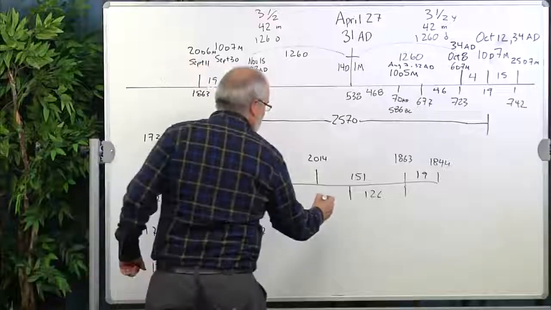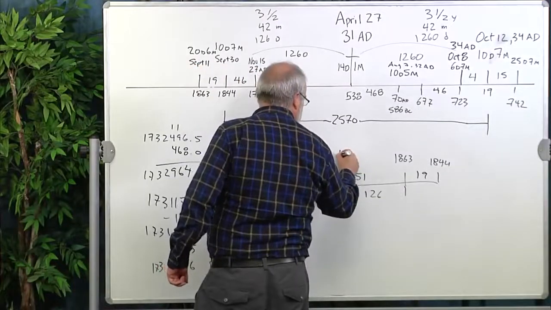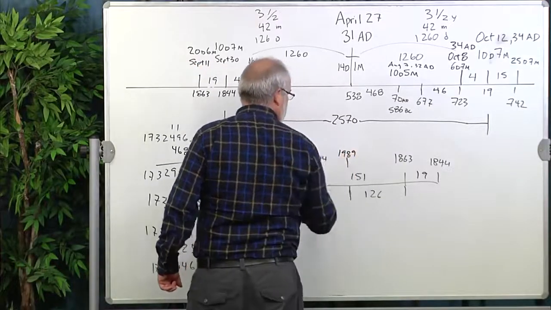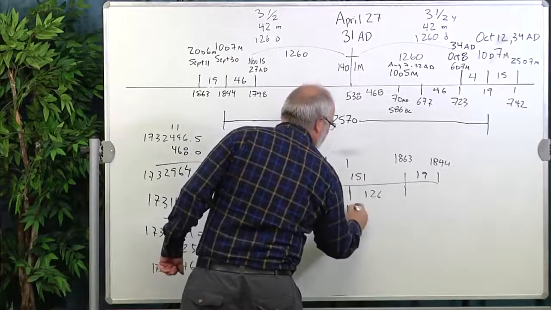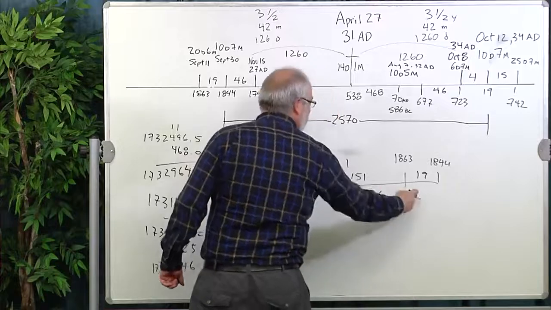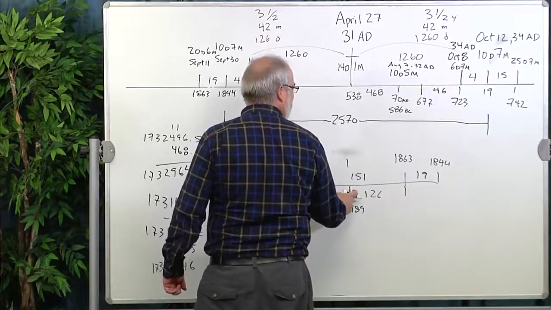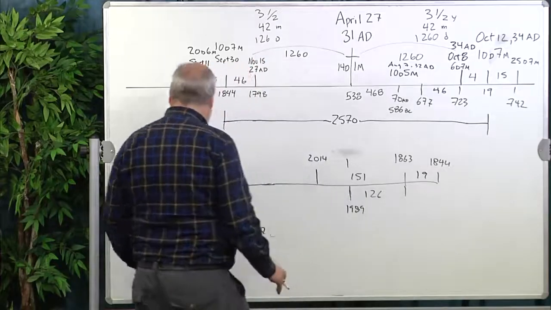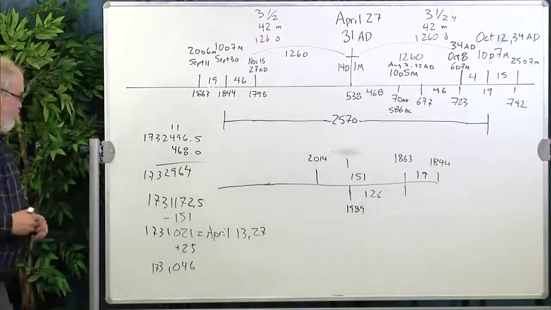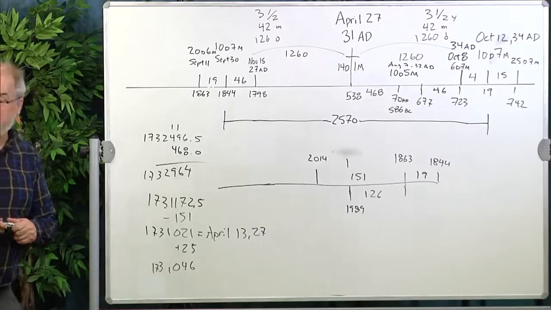So the Julian day number for 1989. I guess I better do it this way. 1989 is 126 days backwards, which is 126 years. And that's going to be the Julian day number, 1731046.5.